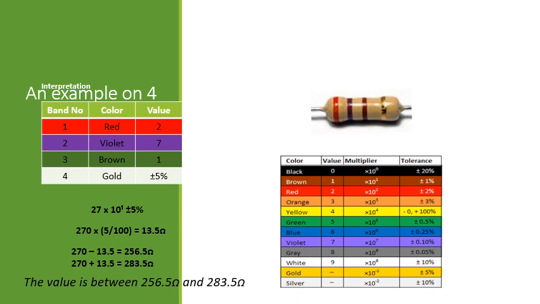So you minus 13.5 from 270, that is 256.5. And also you add 13.5 to 270, that's 283.5. So now this particular resistor can have a value between 256.5 ohms and 283.5 ohms. Okay, so now that's it.